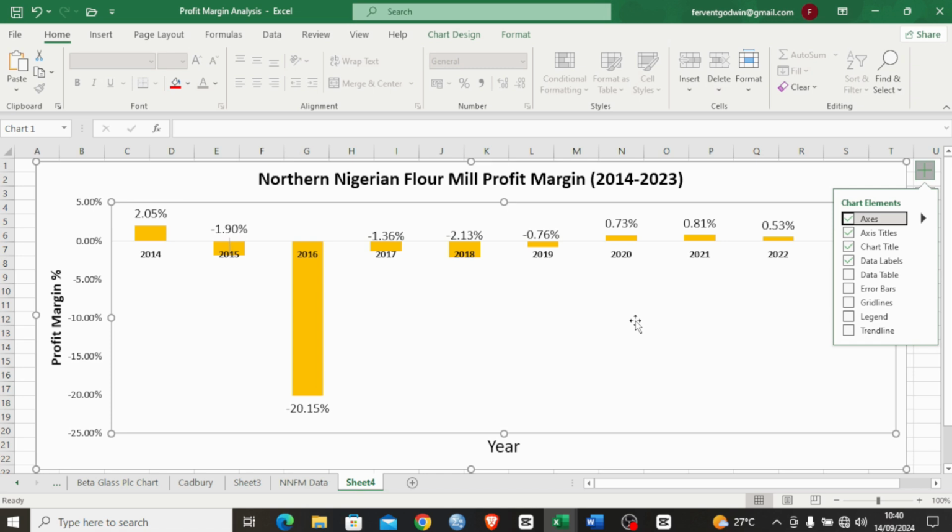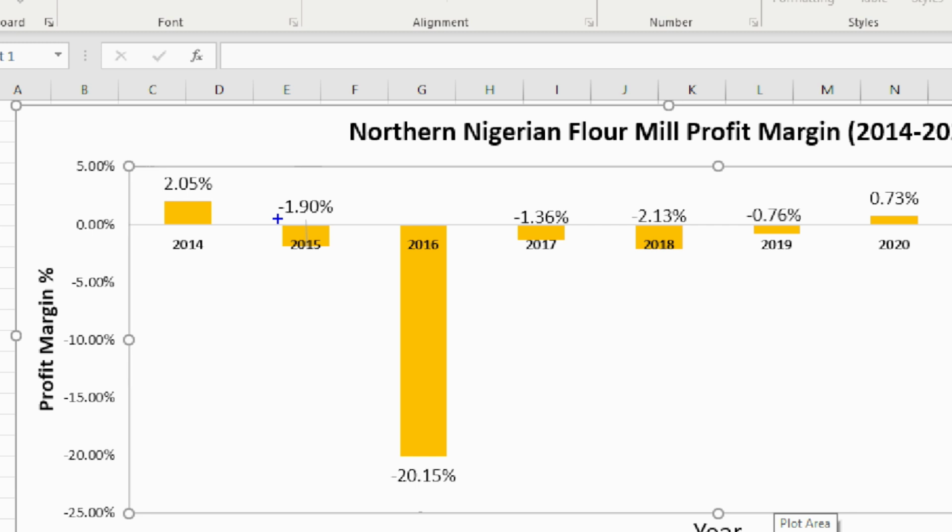Don't get confused by the figures. The figures are showing negative, but the bars are below the line. So all the bars below the line indicate a negative input, and all the bars above the line indicate a positive input. I just did that for clarity. So this line is demarcating the negative and the positive entries for this data.